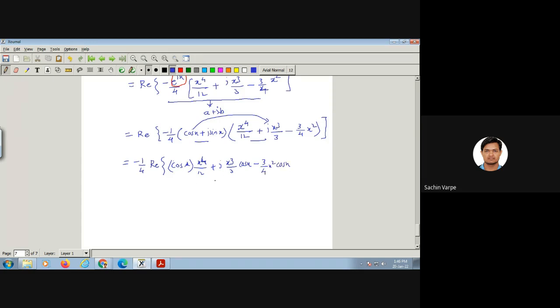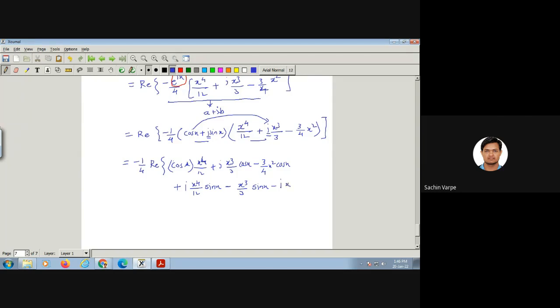Then now I times sin, so plus I x raised to 4 by 12 sin x, I into I square which is minus x cube by 3 sin x.